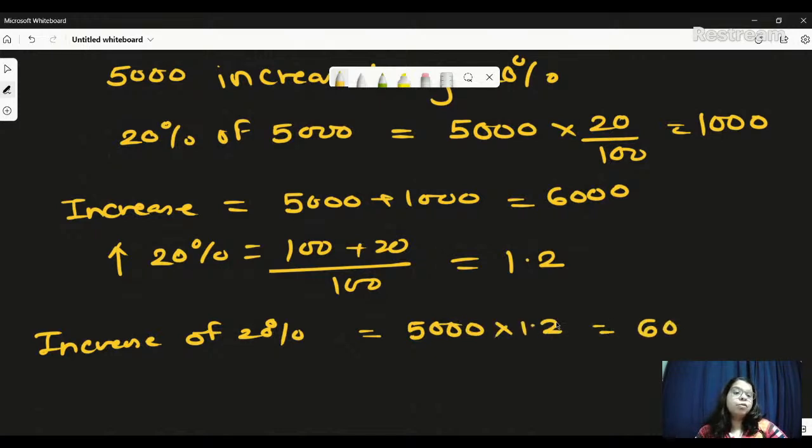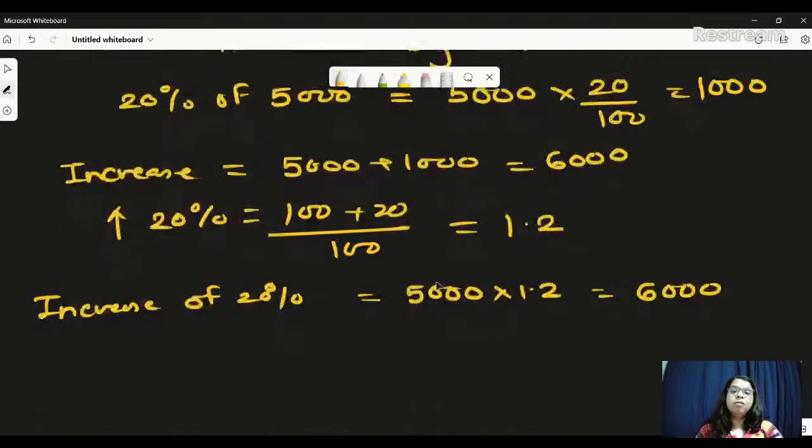So that is going to give you 6,000. Okay. So these are two ways of doing it. First, you calculate the percentage and then add or subtract depending on whether it is increase or decrease. Or first you add the percentage and then multiply the amount by that. So what we are going to do is, we are going to do a decrease question also.